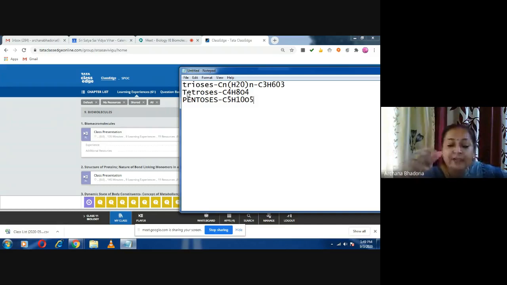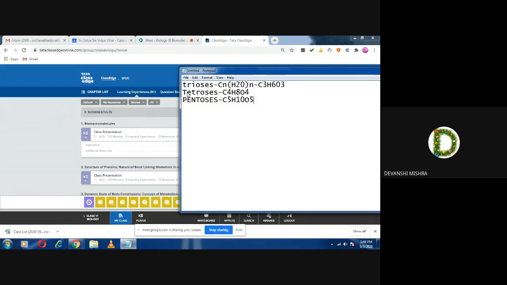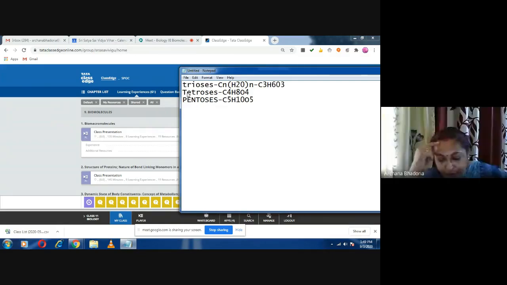Now, what is the aldehyde group? Do you know the aldehyde group? Ketone is known as the ketonic group. What is the functional group of aldehyde?